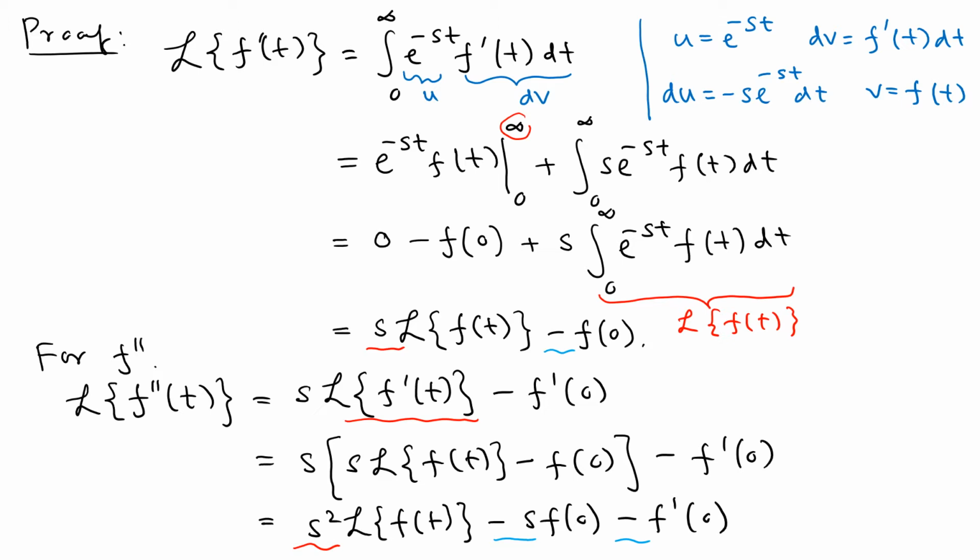Now we can have a kind of table so that we can use them in the future. So let's have a table of derivatives. What you need in the table is the f(t) function here, and this is the Laplace transform of that, which you can write as F(s).